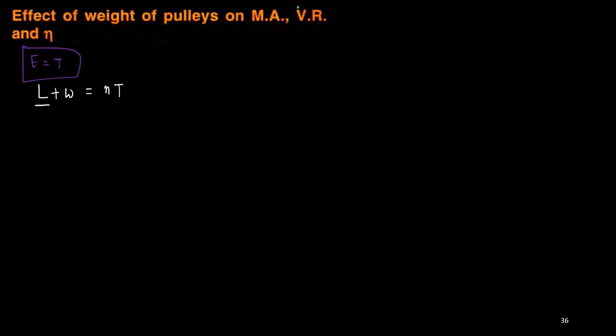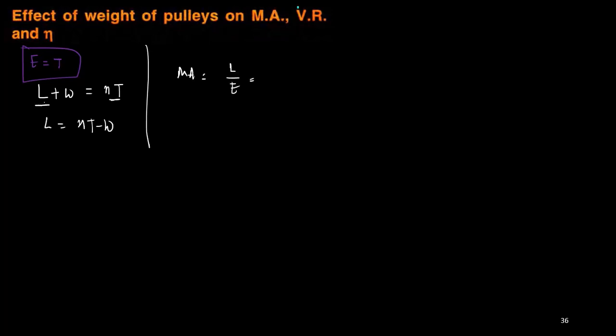So in the earlier situation, L was N times T. Now I want to apply W. Not only do I have to lift the load, but we also have to consider the weight of each pulley. L plus W should equal NT. So L becomes NT minus W. In this situation, mechanical advantage is equal to the L by E ratio.